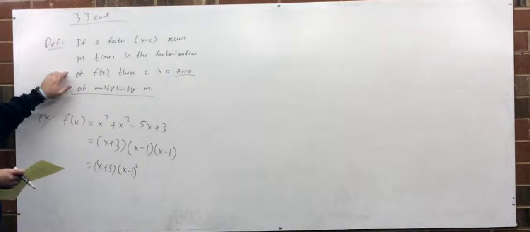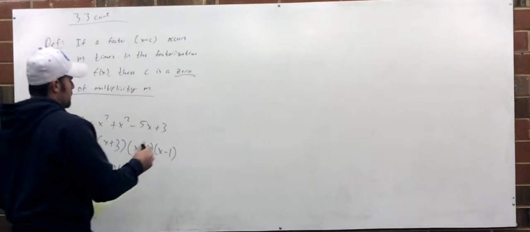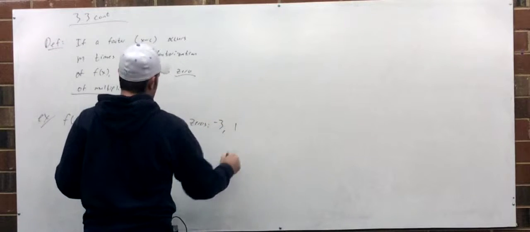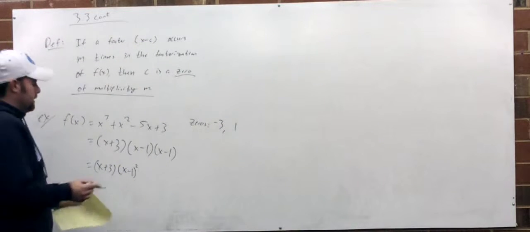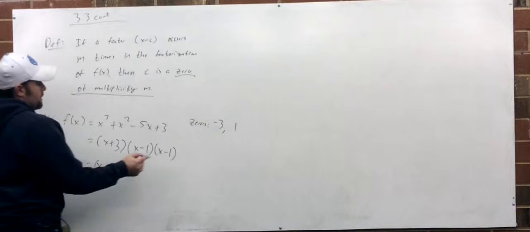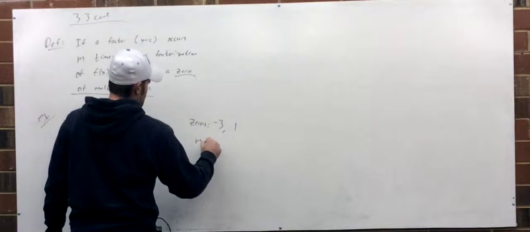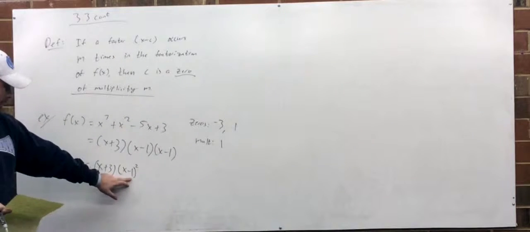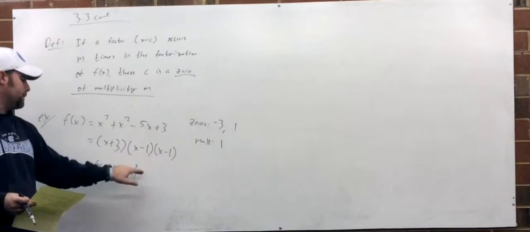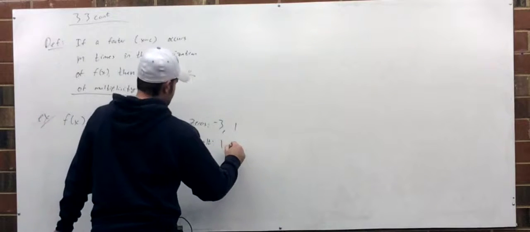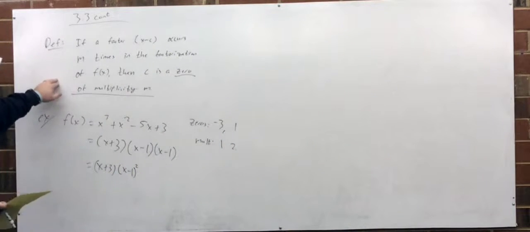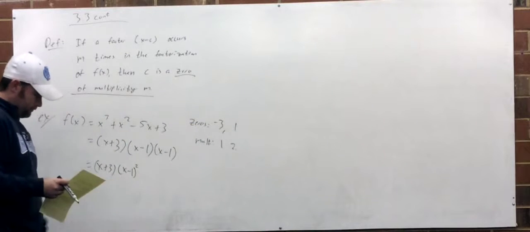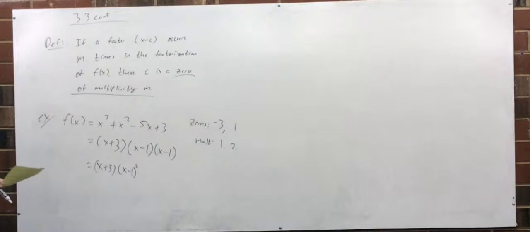So based on this definition, we know our zeros are -3 and +1. But -3 is a zero of multiplicity 1, while 1 is a zero of multiplicity 2. It happens twice. Right? So that's all this definition is saying. Multiplicity 1 on the -3, multiplicity 2 on the 1.